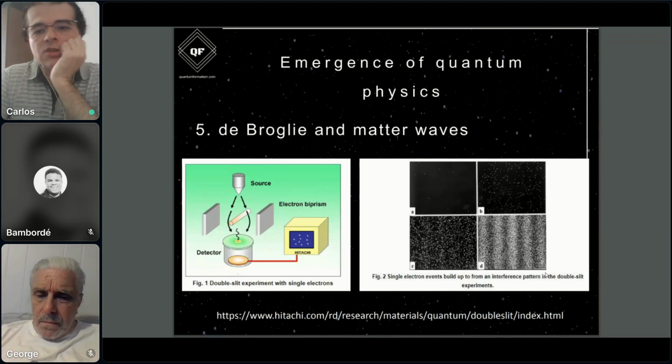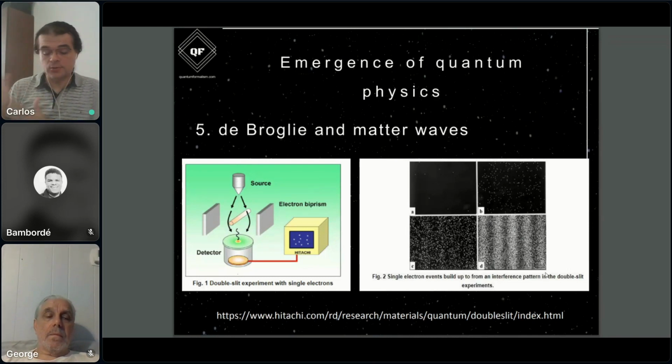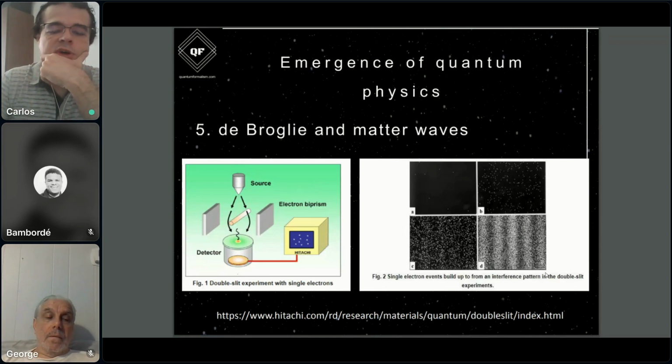It would be interesting to see, because we don't know the limit of quantum mechanics. We know it works for atomic size, but we are not sure that it could work for other sizes. But this is another topic, not part of the talk today.